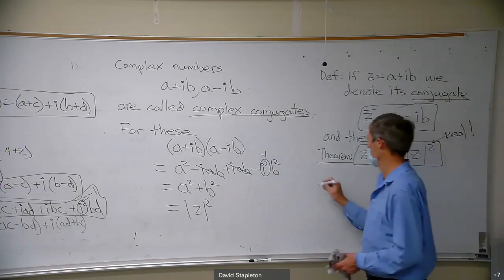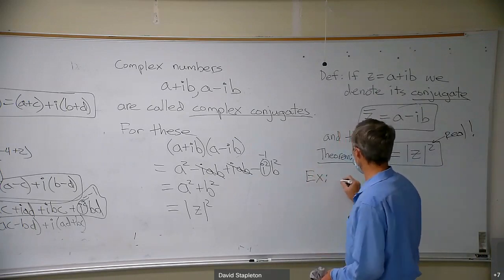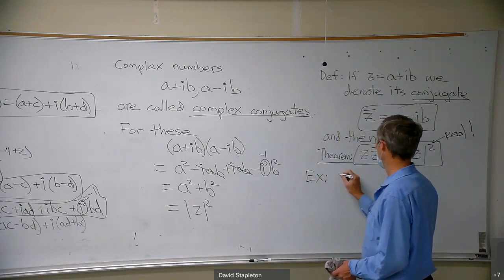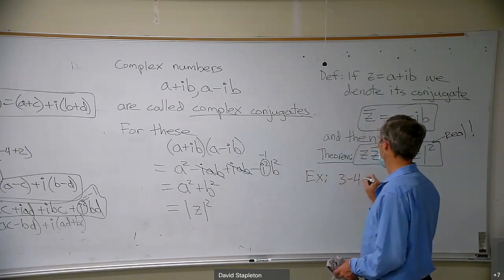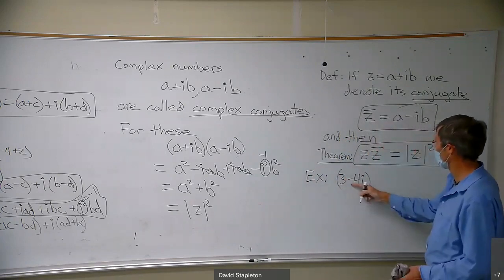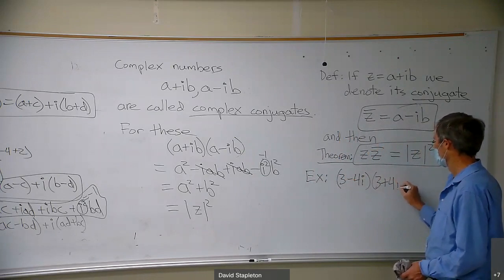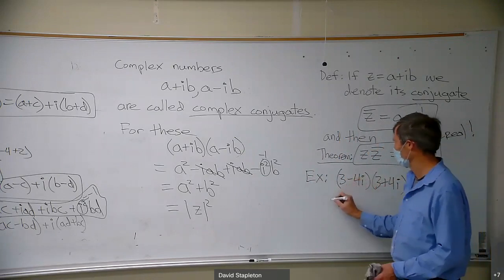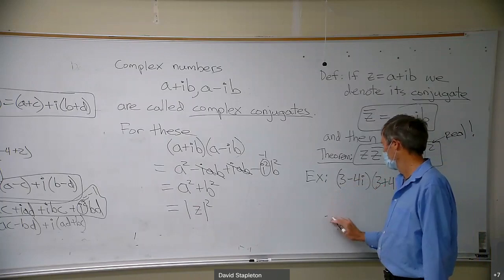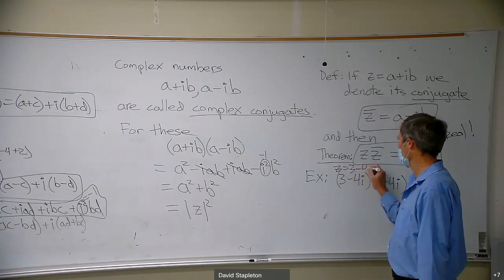And now it needs an example, of course, right? So suppose I take this number again, 3 minus 4i. That's a complex number. I multiply by its conjugate. I just change this one to minus its value. So its conjugate is 3 plus 4i. So the example is Z equals 3 minus 4i.